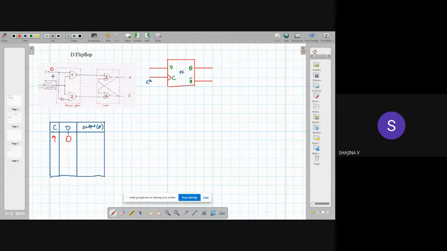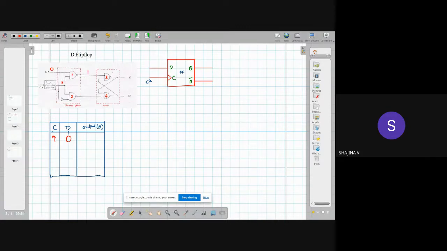For the first NAND gate, one input is 0, and here we have always 1 because it is a pulse transition detector. For the positive edge, it will produce a 1. So clock is always 1. Here for the first NAND gate, the inputs are 0 and 1.